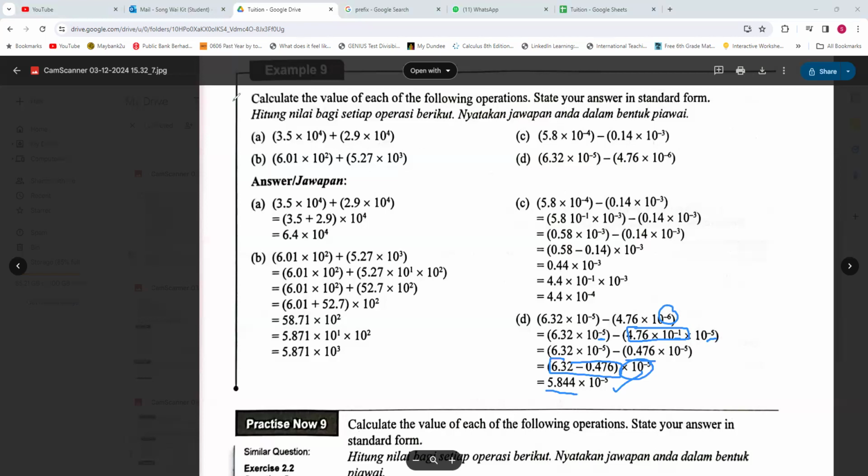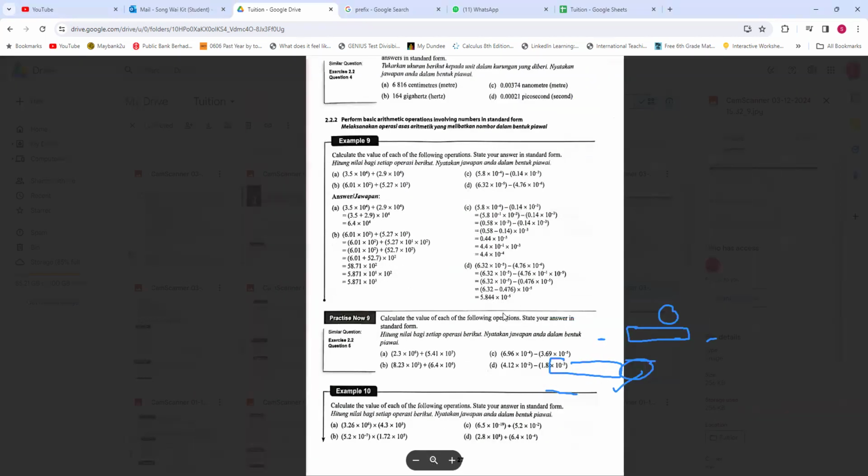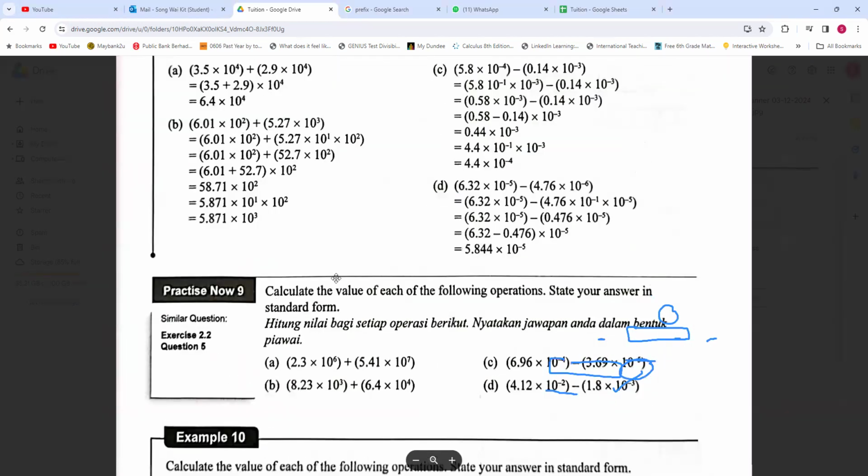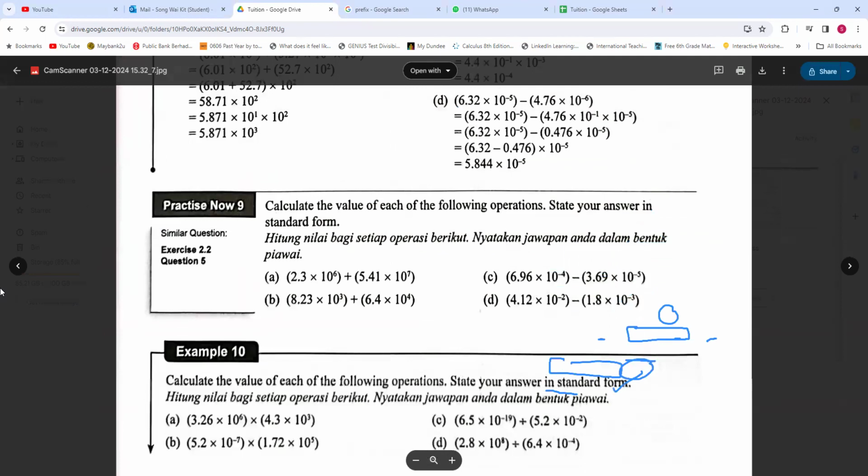Okay. And we have made it through example 9. Now we're going to try practice now 9. I need Kenneth to read the question. Calculate the value of each of the following operations. State your answer in standard form.